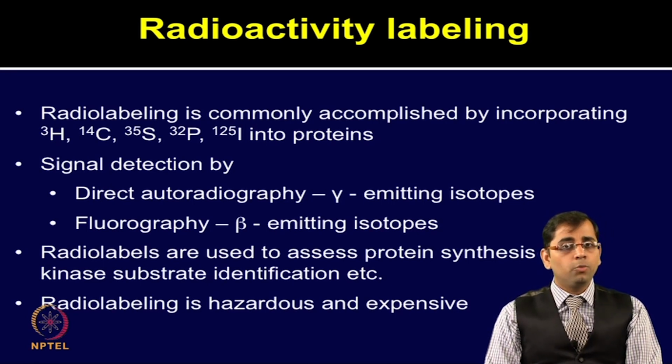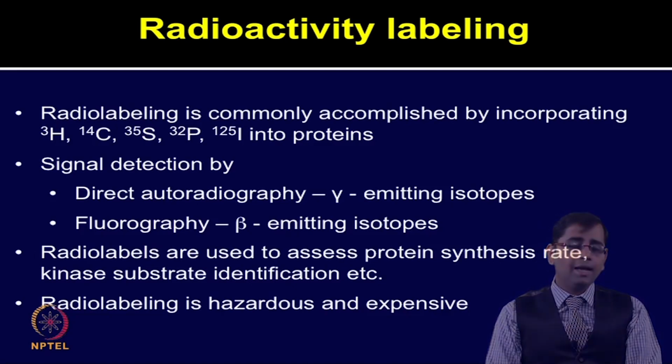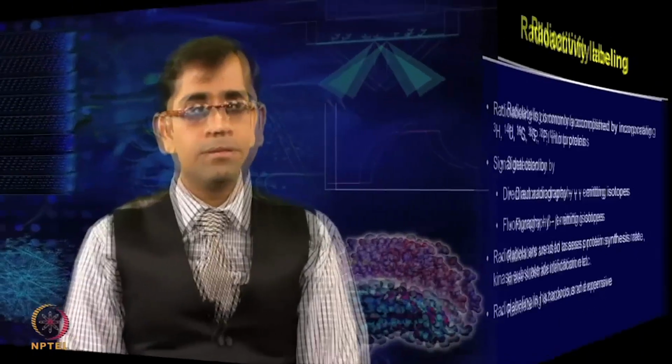Although this is a very robust system, the radiolabeling is hazardous as well as expensive. Mainly due to the hazardous nature of these radiolabels, this technique is used only for very essential studies.